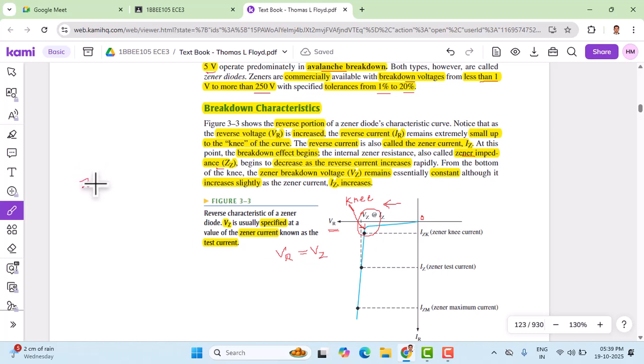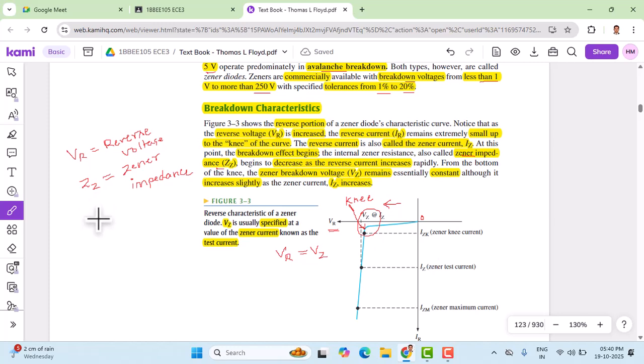Let me write it here: ZZ indicates the Zener impedance, and VR is the reverse voltage. These are the key terms we need to understand from this characteristic.